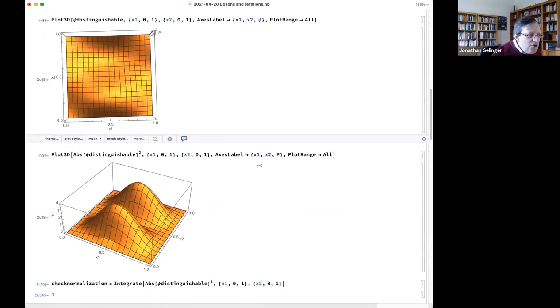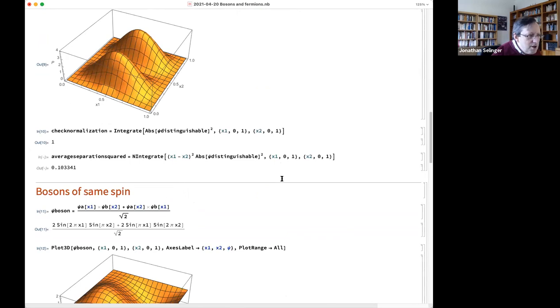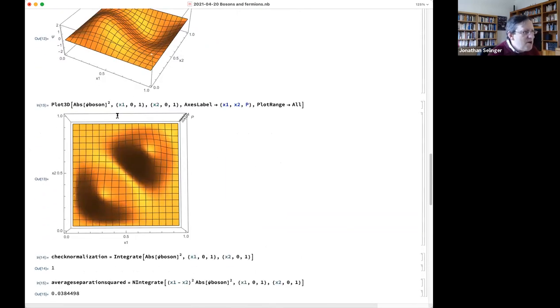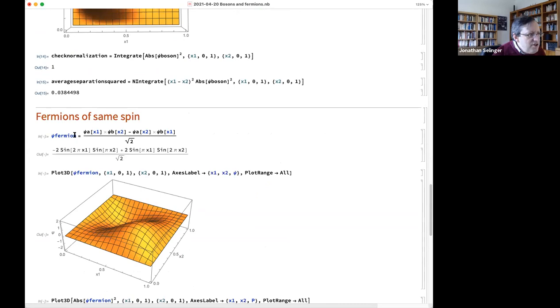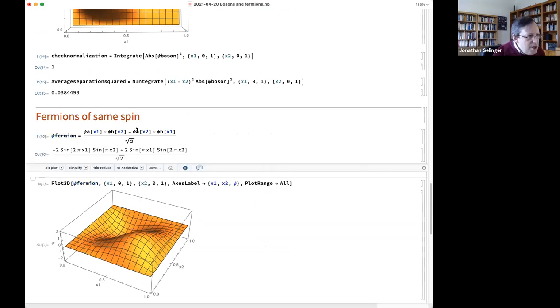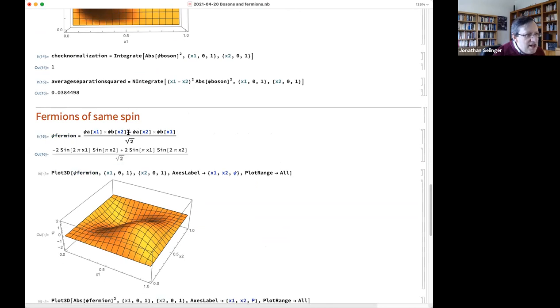For fermions, again with the same spin, the wave function looks just like for bosons, but with a negative sign in the middle instead of a positive sign. So you say, how much difference could that make, negative versus positive? Well, it makes a lot of difference.